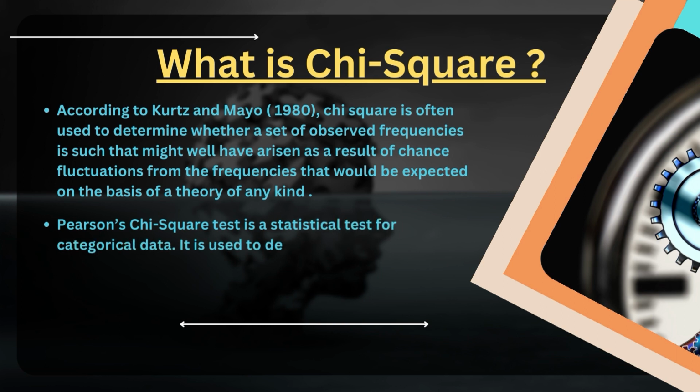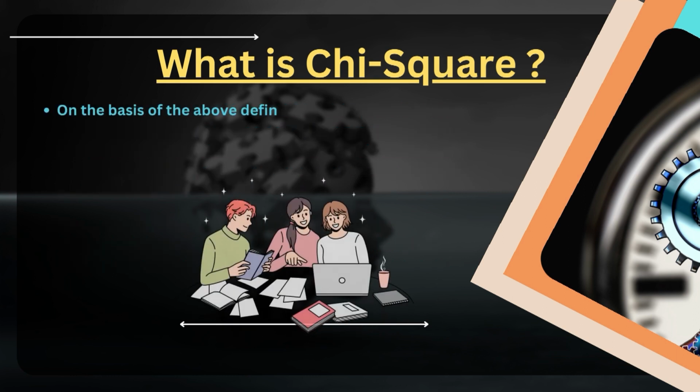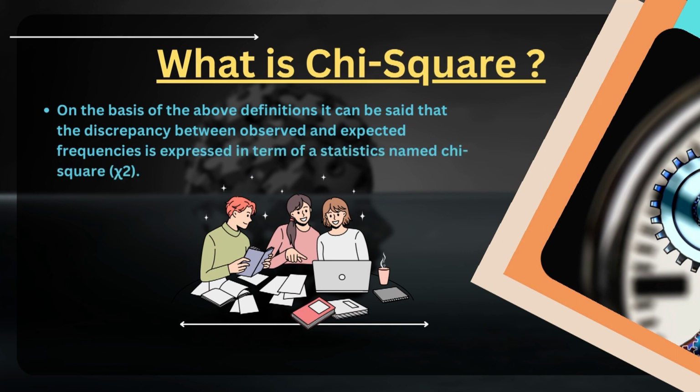It is used to determine whether your data are significantly different from what you expected. On the basis of the above definitions, it can be said that the discrepancy between observed and expected frequencies is expressed in terms of a statistic named chi-square.